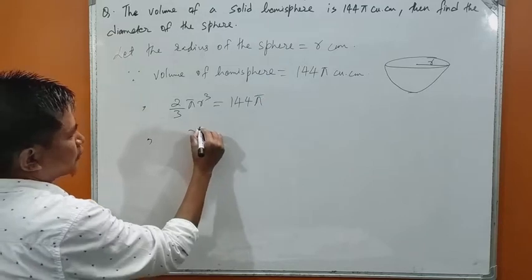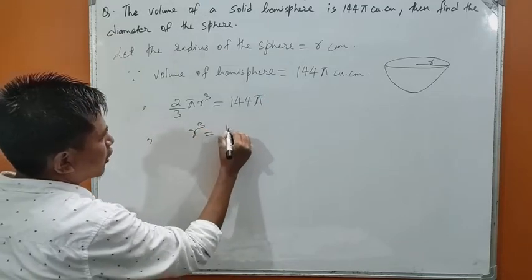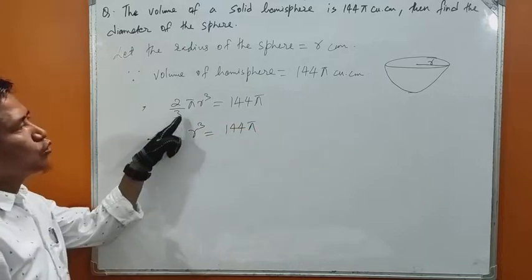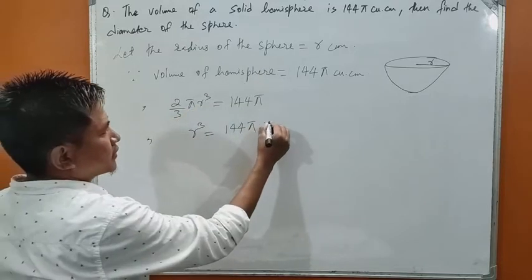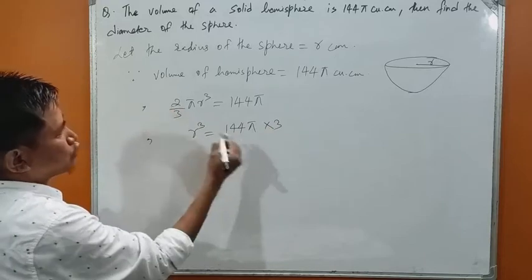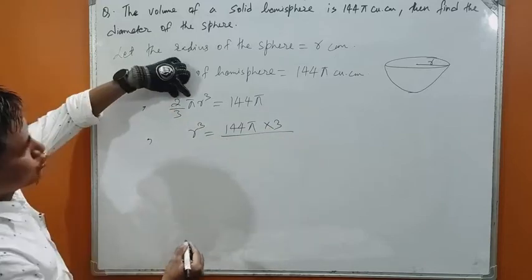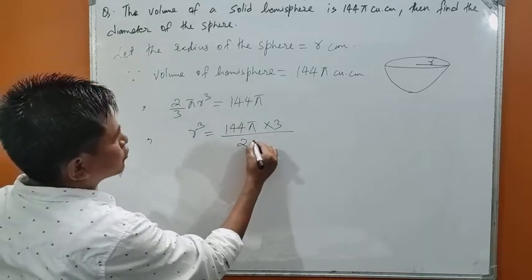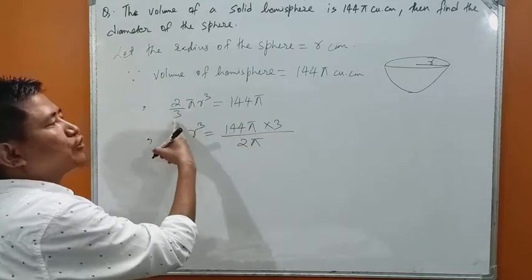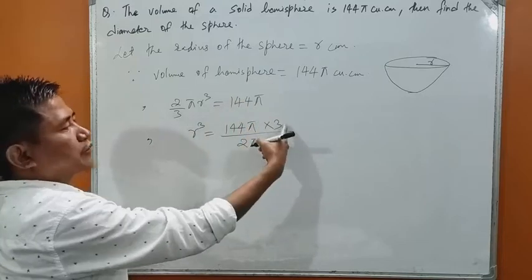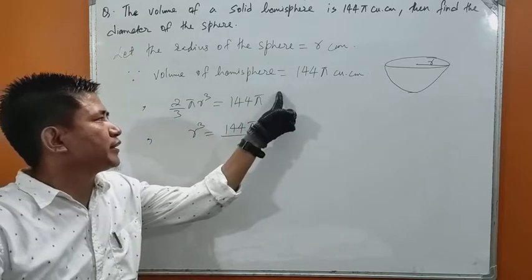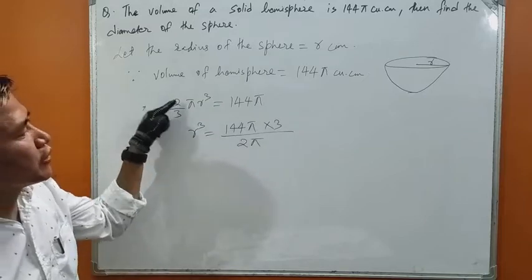r cube equals, we already have 144 into pi on the right hand side. Now this 3 goes to the numerator by cross multiplication, and this 2 pi goes to the denominator. The number which is in the denominator goes to the numerator, and the number in the numerator goes to the denominator.